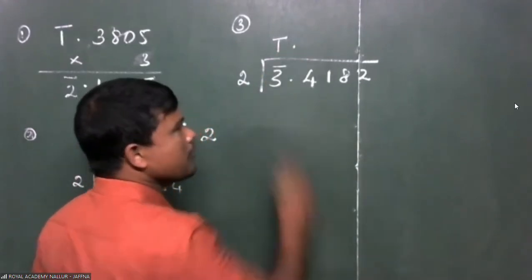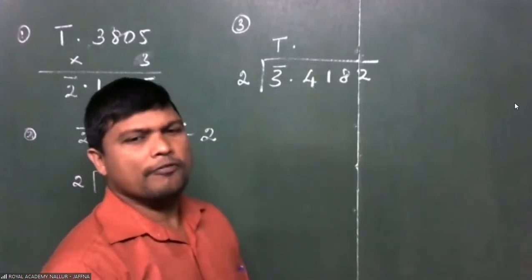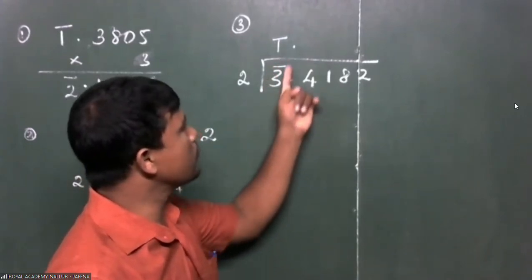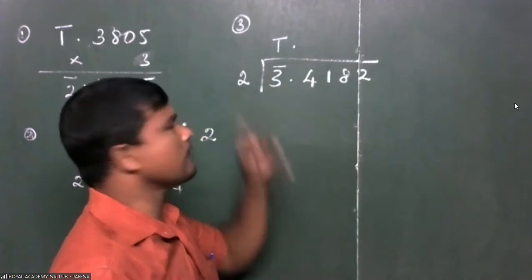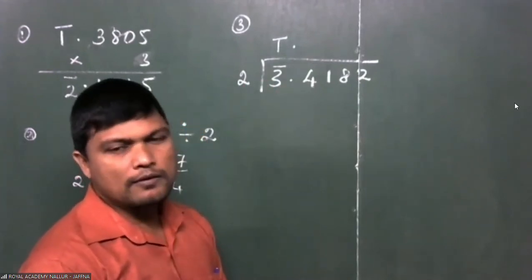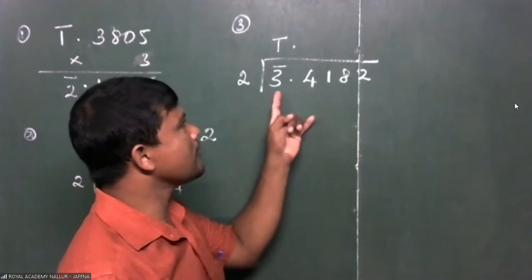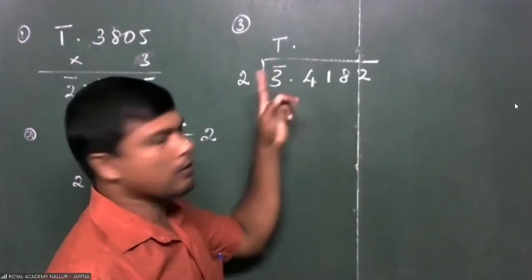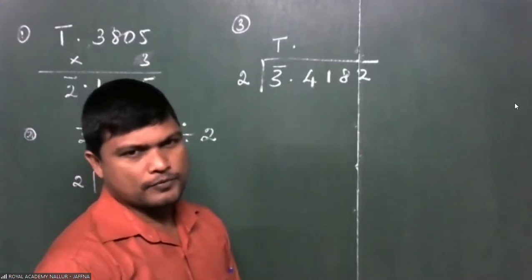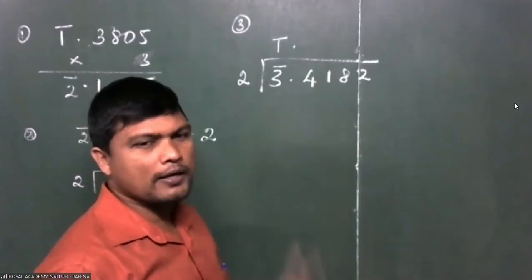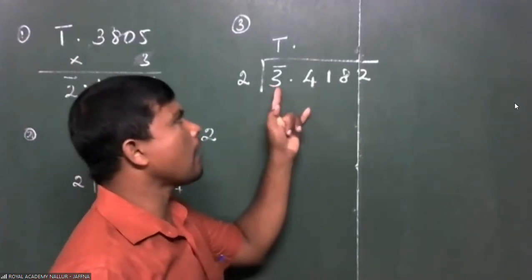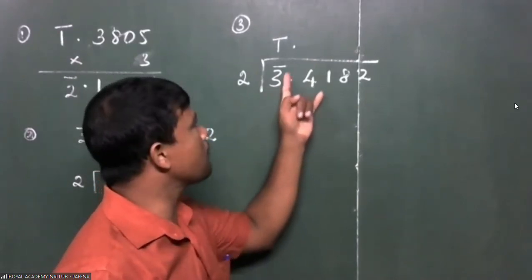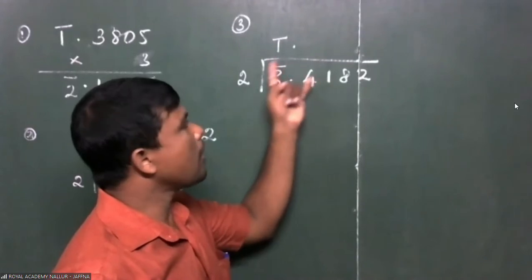Anyhow, bar 1 will remain. So first we make this bar value a multiple of the divisor. First we check whether this bar value is a perfect multiple of the divisor. Here it is not, but by giving a bar 1 here, we can make it bar 4.